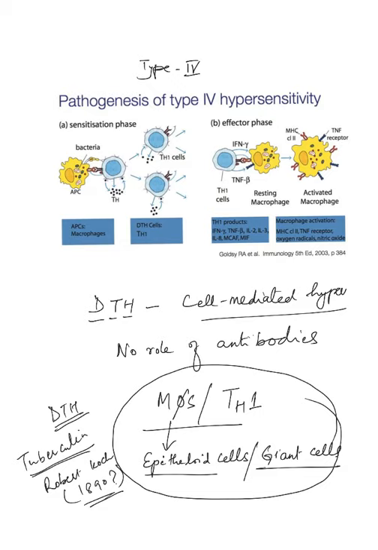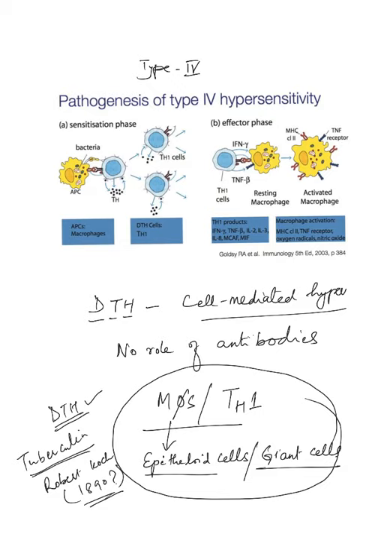But later on, the name was changed to delayed type of hypersensitivity because when other antigens were injected into individuals who were already sensitized to that antigen, a similar kind of reaction was seen. Why do we call it delayed type of hypersensitivity?